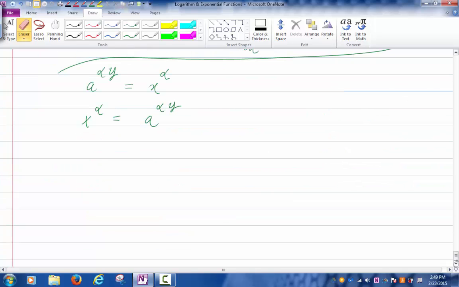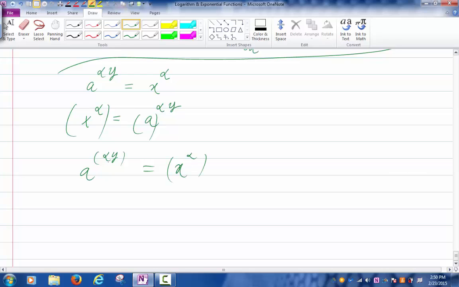Can someone give me the punchline? Remember, I have x to the alpha, this quantity, equal to a to the power something. A to the power something is x to the alpha. By definition of log, the exponential base a is taking alpha y to x to the alpha.